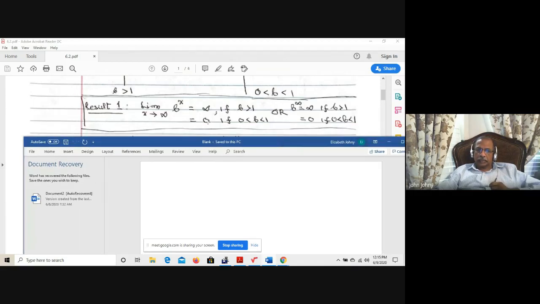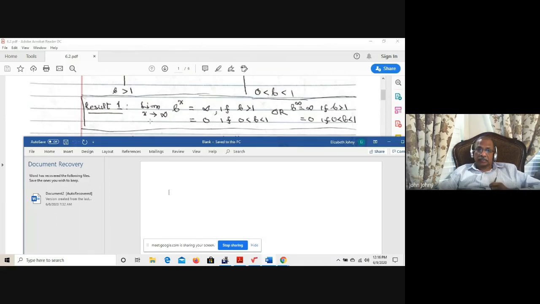And it is limit as x approaches infinity, b to the power of x is 0 if b is between 0 and 1. I repeat, limit as x approaches infinity, b to the power of x is infinity if b is greater than 1, and it is equal to 0 if b is between 0 and 1.